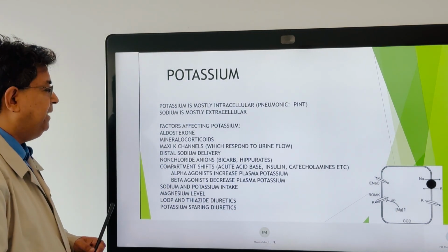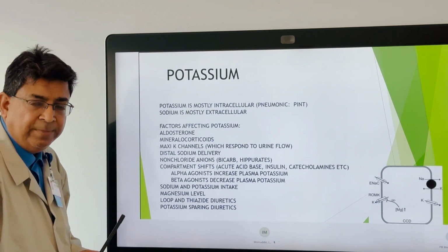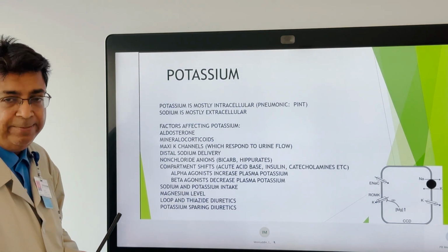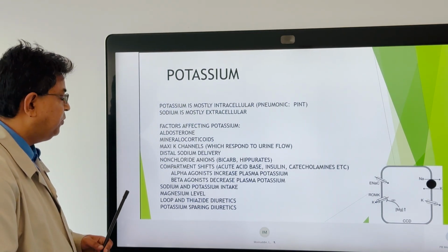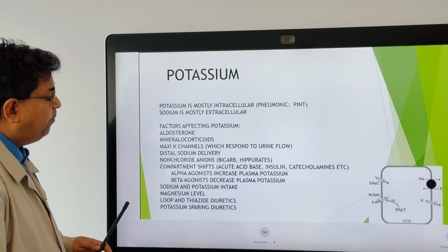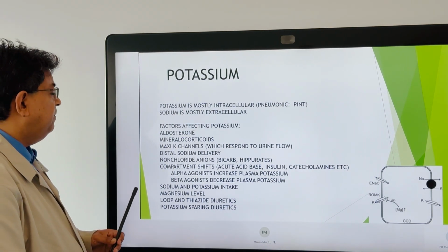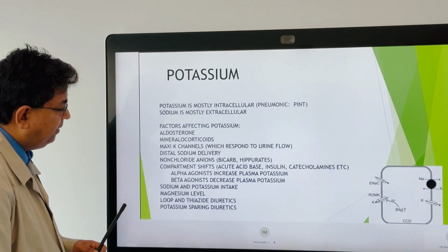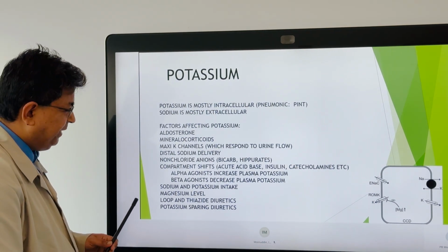Let's move on to potassium. Potassium is mostly intracellular. The way to remember this is pint, potassium intracellular, pint. Sodium is mostly extracellular. Frequently, it's very important to understand the factors that play a role in potassium secretion or potassium excretion.